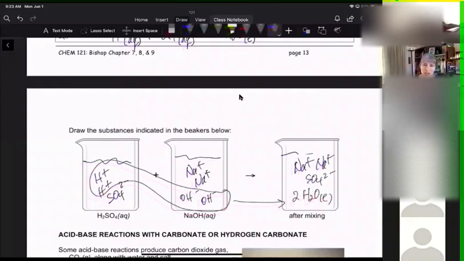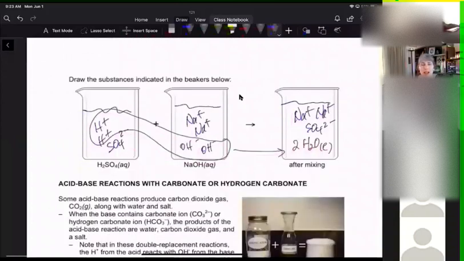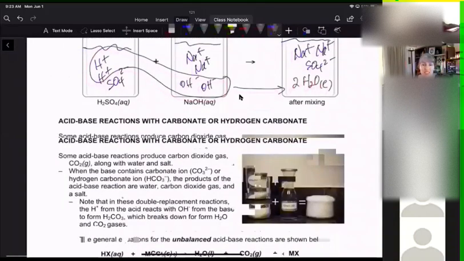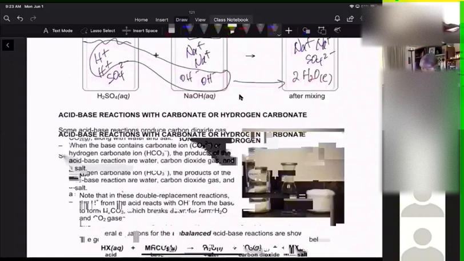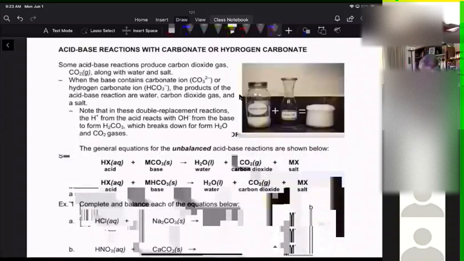We have another kind of acid-base reaction, and this one is a reaction that produces gas. It's a decomposition neutralization. What happens for these ones is that carbonate decomposes into carbon dioxide. This is exactly the reaction that we will be seeing today in our lab section. You can see in the picture it has that bubbling up. So we'll see that in our lab videos.